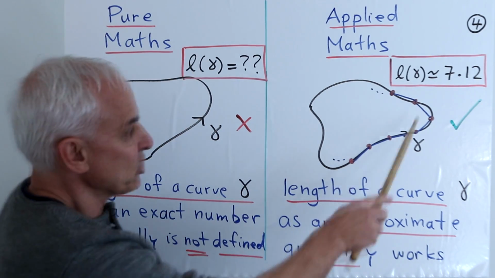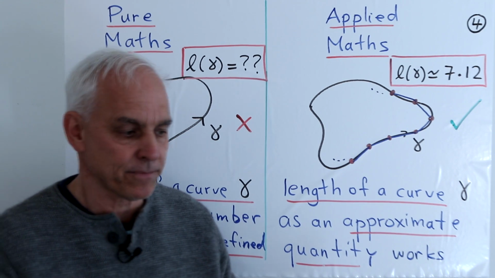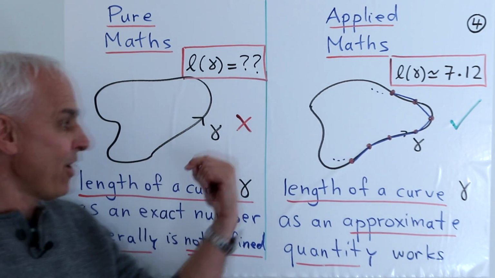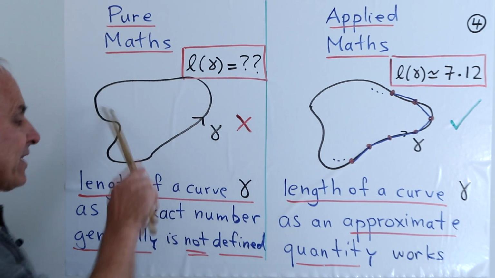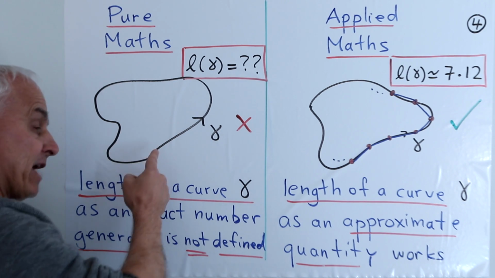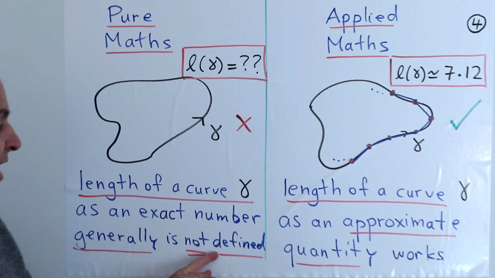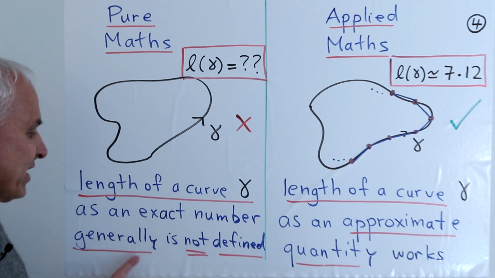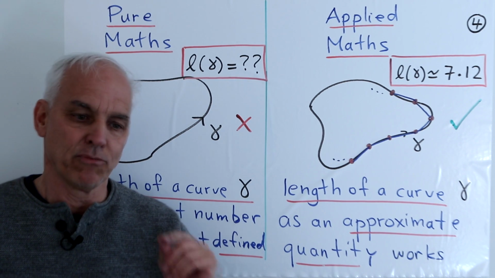So, for example, the length of this curve might be approximately 7.12. Fine. But on the pure mathematics side, the claim that a curve like this has a length which is a precise, exact, typically real number is one that is not really valid. The length of a curve is actually not defined as a real, precise value.